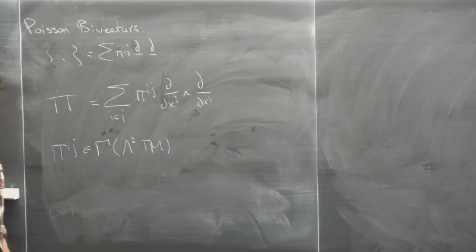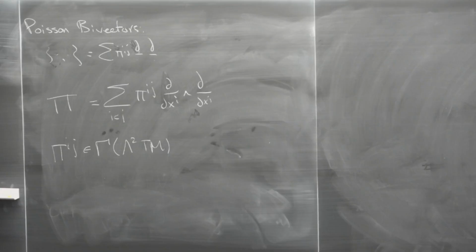I have a question about why pi_ij should be a section of the wedge between the two derivations? Well, the wedge between the two derivations is like a section of the tensor product of two copies of the tangent bundle. Now we have another two exterior forms.